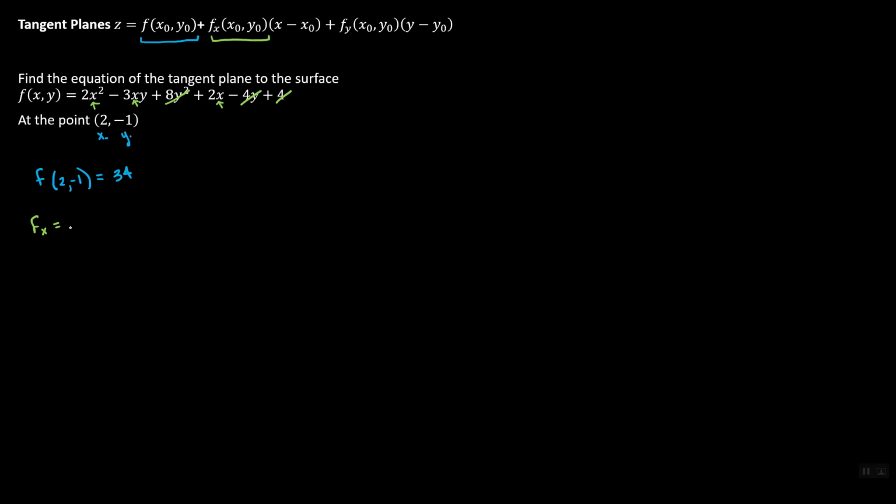So 2x squared becomes 4x, -3xy becomes -3y, and 2x becomes 2. And then we evaluate that at the point x0, y0. In other words, we're going to evaluate our partial at 2, -1. And we get 13.